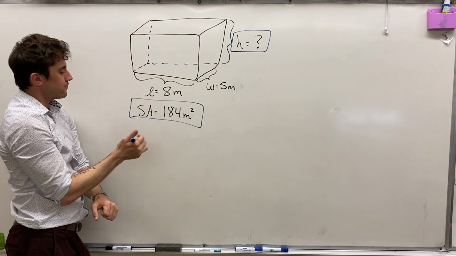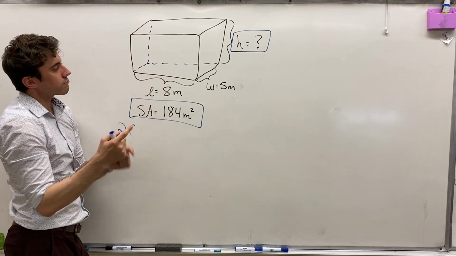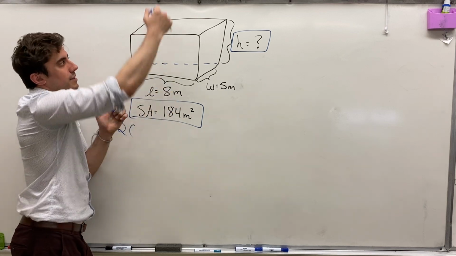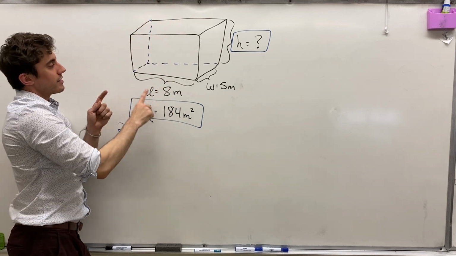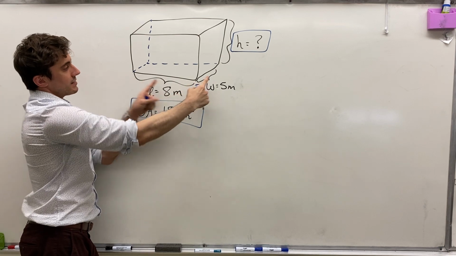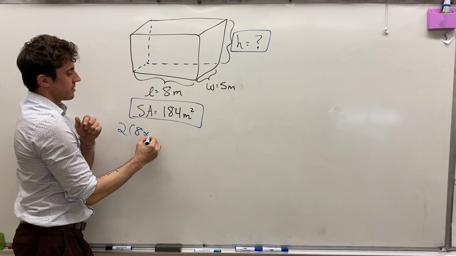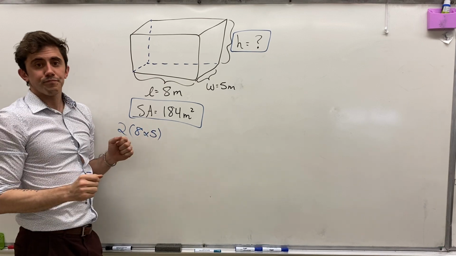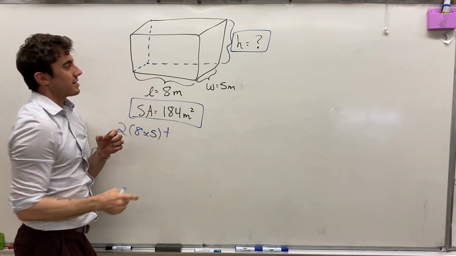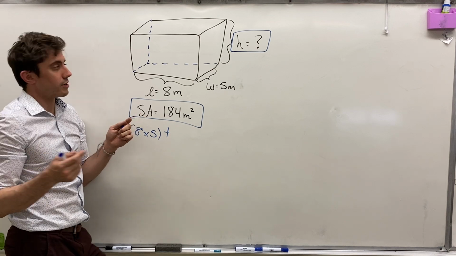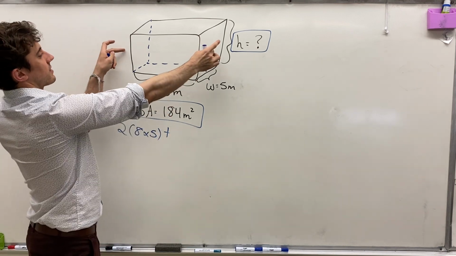So if we're to write that out, we could write 2 times, let's start off with the bottom and the top surfaces. So we could write 2 times, the area of each one would be 8 by 5, right? So 2 bracket 8 times 5, okay? Next up, arbitrarily choosing, let's look at the sides.